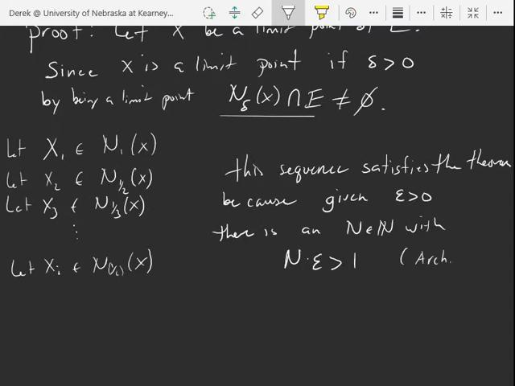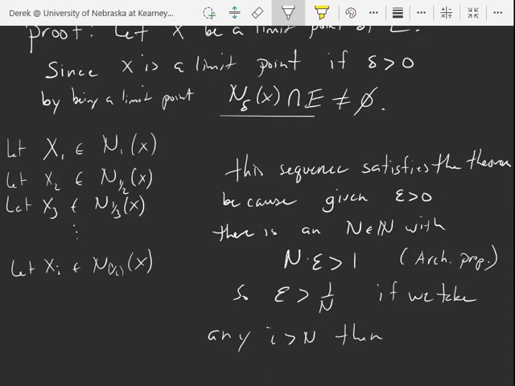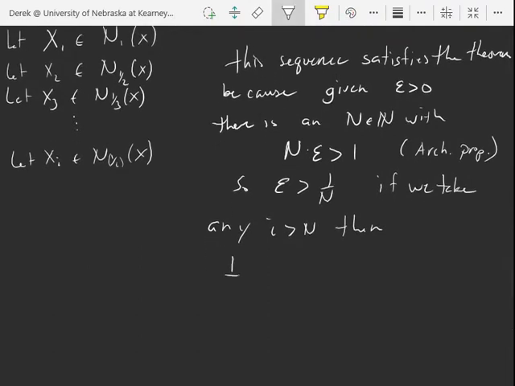That's our Archimedean property. So epsilon is bigger than 1/n. If we take any i bigger than n, then 1/i is less than 1/n is less than epsilon.